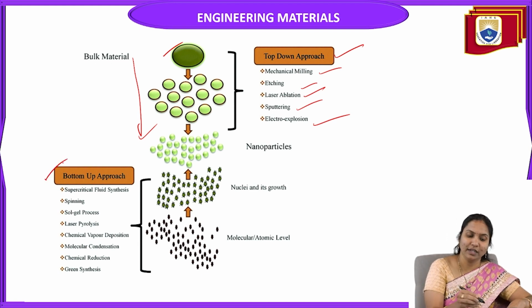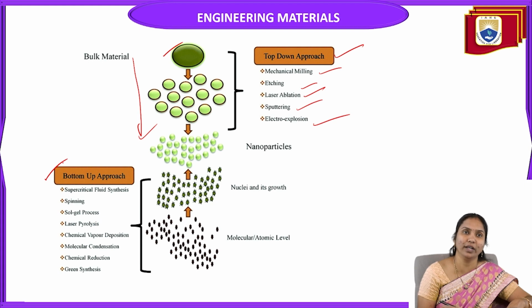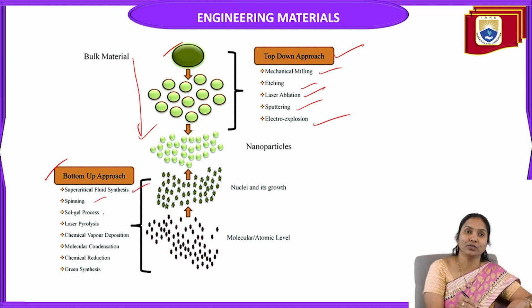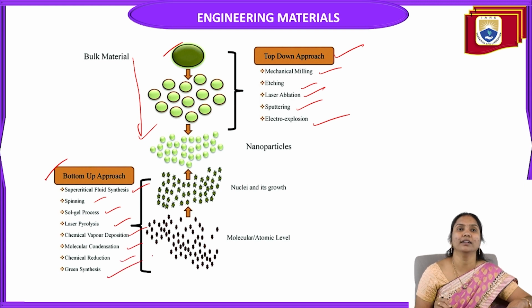And the second method is the bottom-up approach. The best examples are supercritical fluid synthesis, spinning, sol-gel process, laser pyrolysis, chemical vapor deposition, molecular condensation, chemical reduction, and green synthesis. In this method, we follow the bottom-up approach, micro to macro.